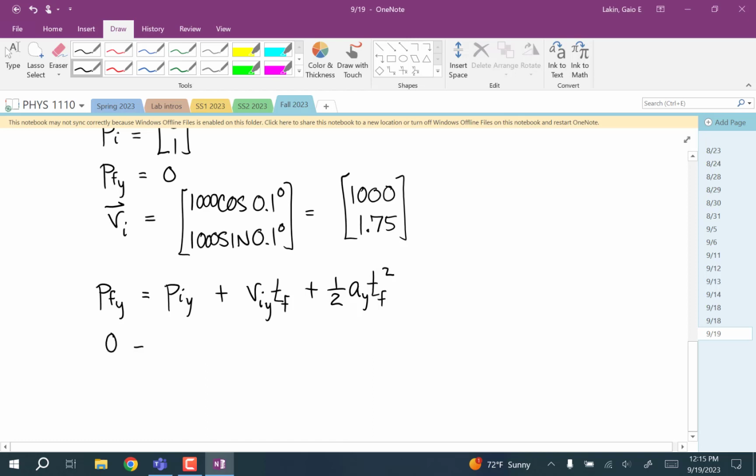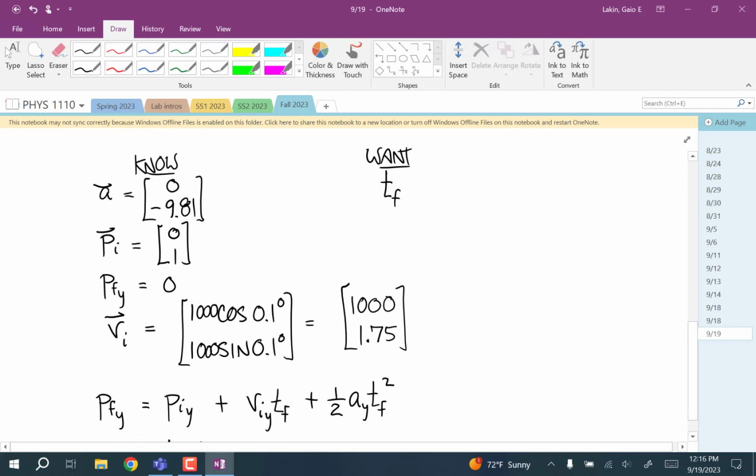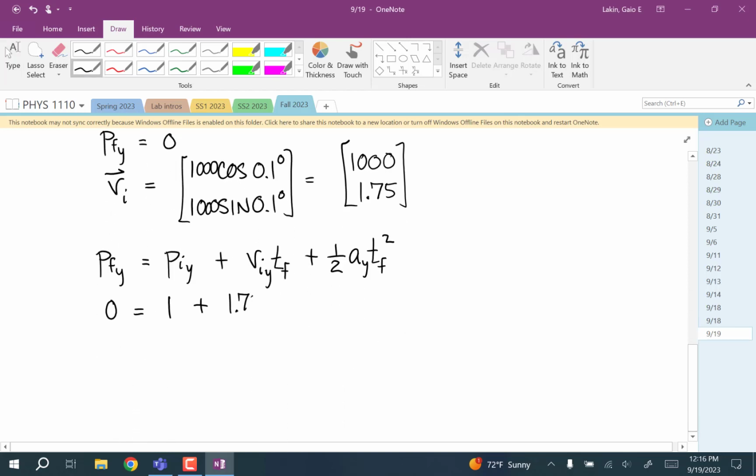Plug in the numbers. 0 is equal to 1 plus 1.75 TF minus 4.905 TF squared. Since this equation has a variable squared and a variable linear and a constant, we have to use the quadratic formula. So here's A, B, and C. And so plug that into the quadratic formula.